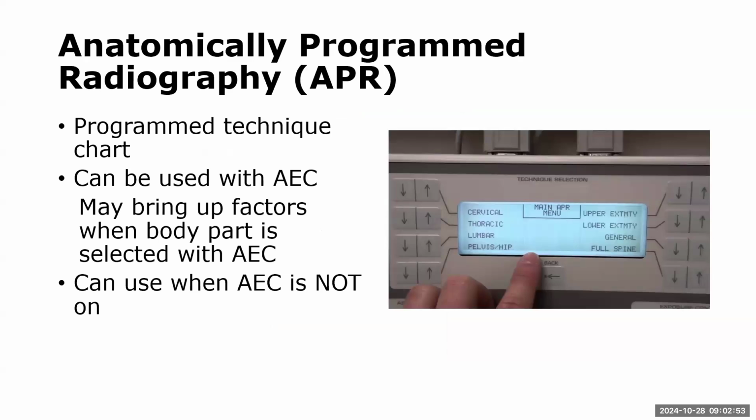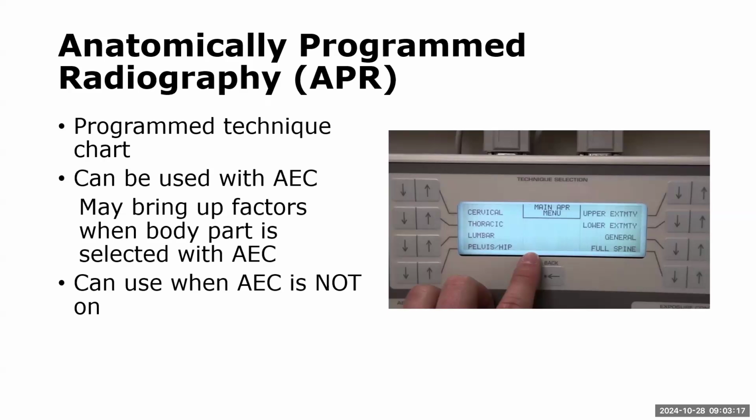Now, APR, anatomically programmed radiography. You have all already been using this in clinic and didn't even know it. It's just your programmed technique chart. It can be used with AEC, but it can also be used when AEC is not on. So APR is a programmed technique chart.